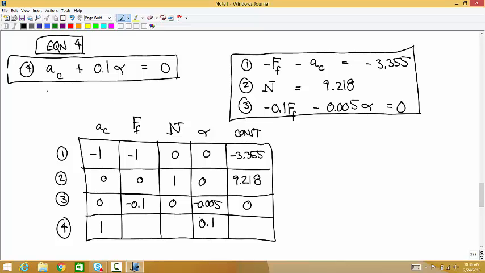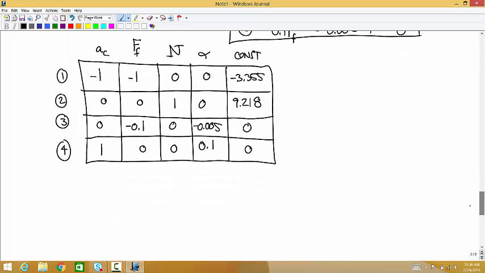Alphas, 0.1. And no constant. So yeah, can a couple people do this? And as soon as 2 people have ones that match, we'll call it a day.